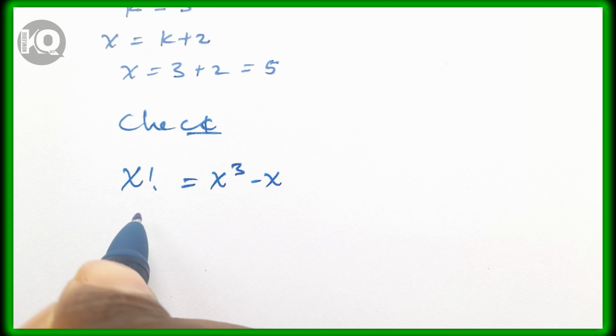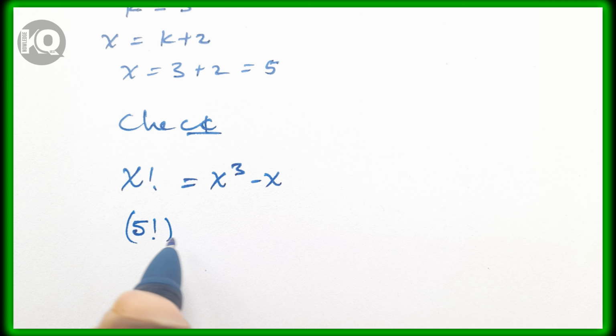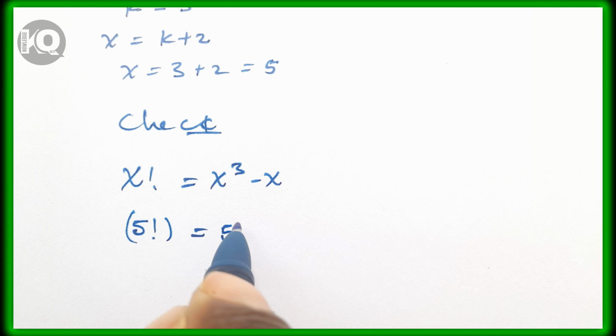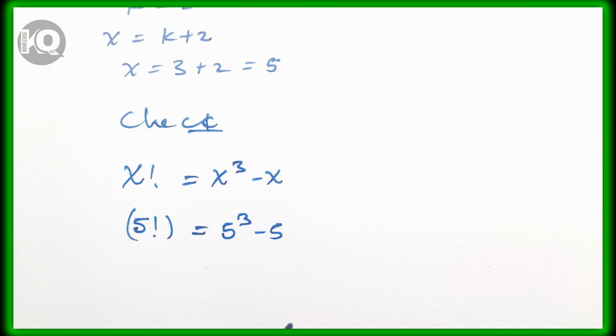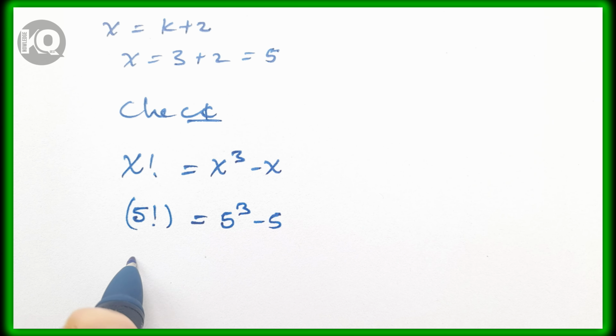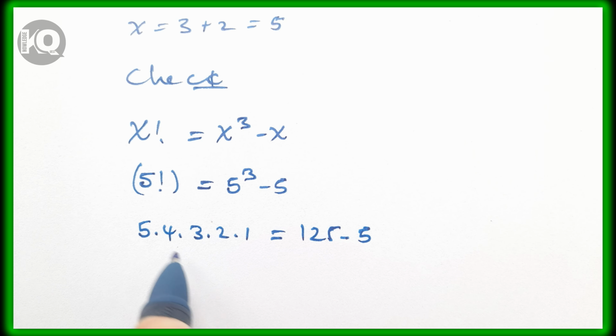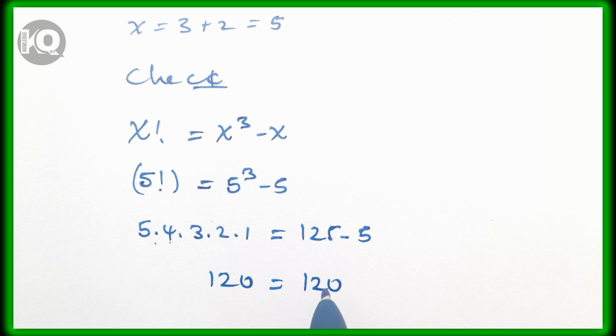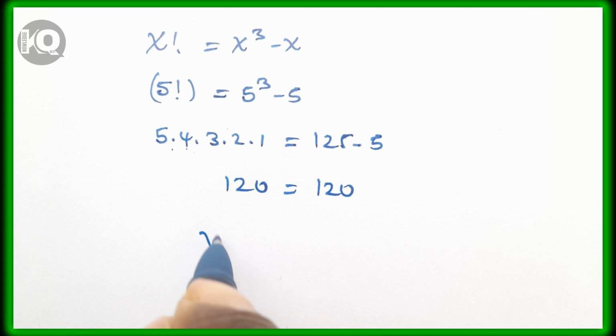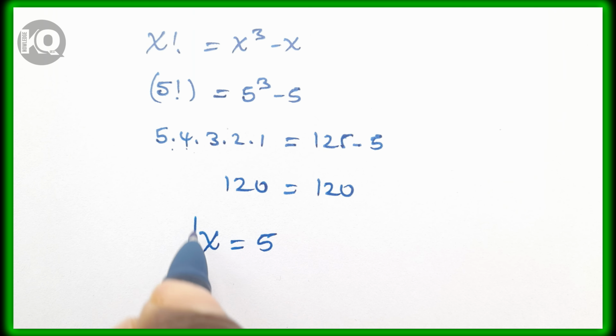So 5 factorial is equal to 5 cubed minus 5. So 5 times 4 times 3 times 2 times 1 is equal to 125 minus 5. 5 times 4 is 20, times 3 is 60, times 2 is 120, which is equal to 120. So our answer x equal to 5 is a solution for our problem.